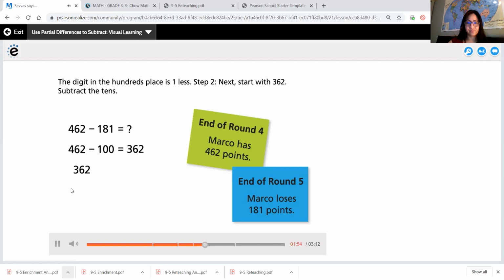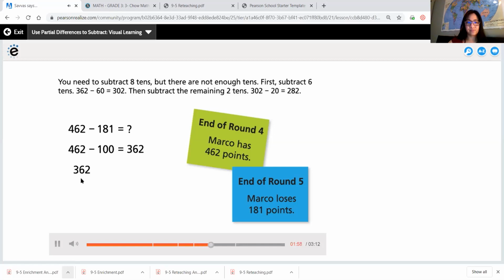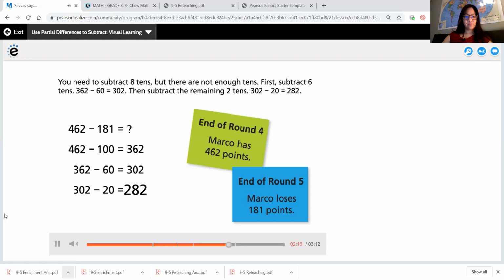Subtract the tens. You need to subtract 8 tens, but there are not enough tens. First, subtract 6 tens. 362 minus 60 equals 302. Then subtract the remaining 2 tens. 302 minus 20 equals 282.